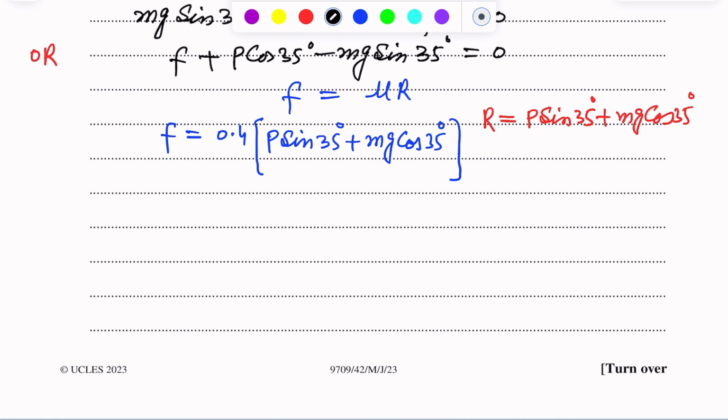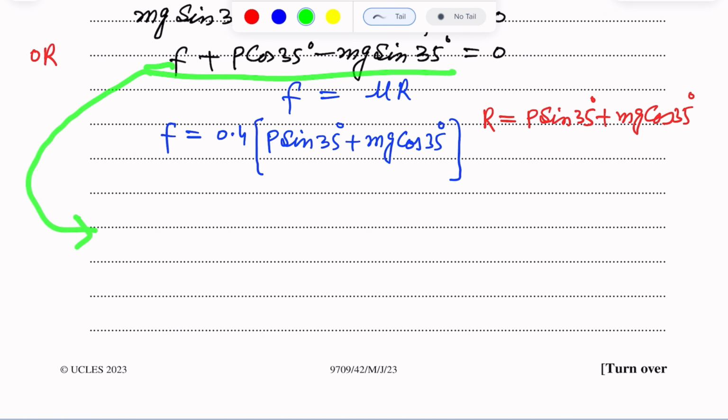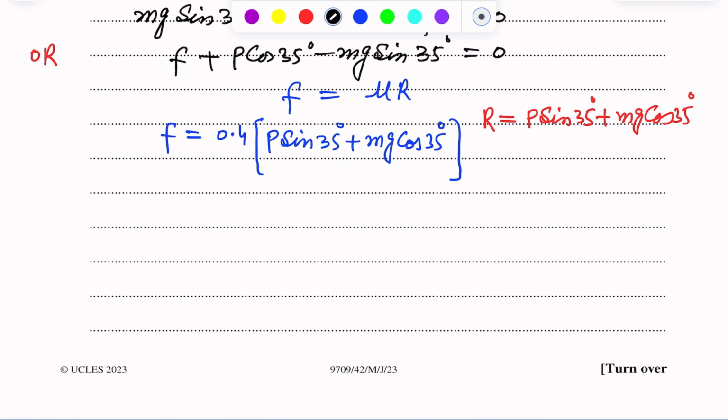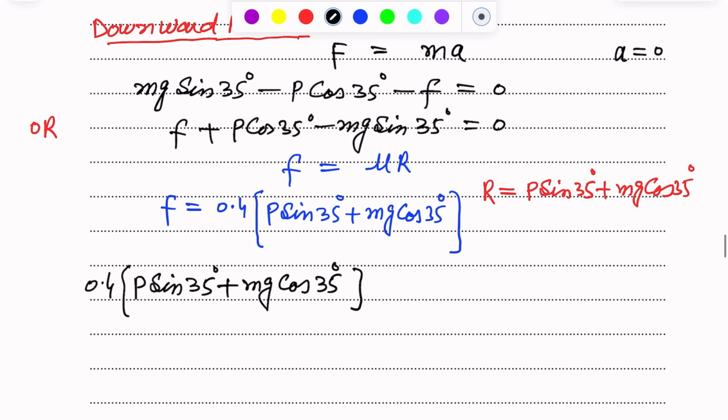Putting in this equation, 0.4 times P sin 35 degree plus mg cos 35 degree, plus P cos 35 degree minus mg sin 35 degree is equal to 0.